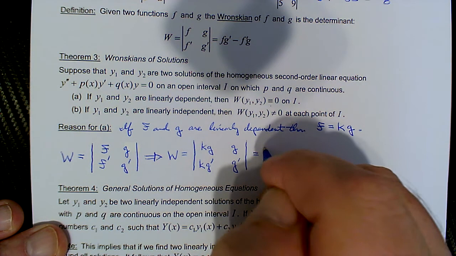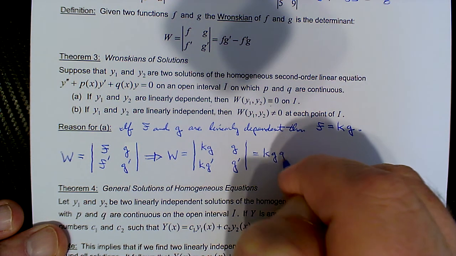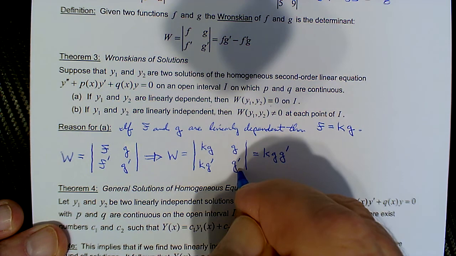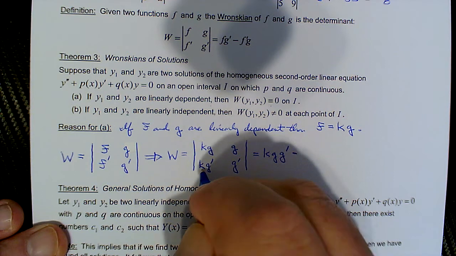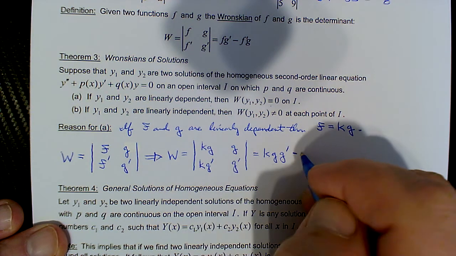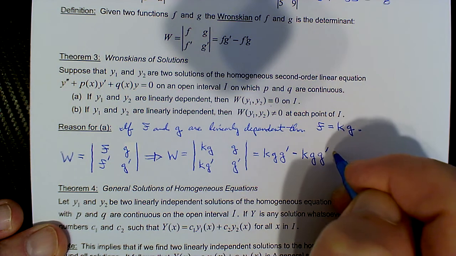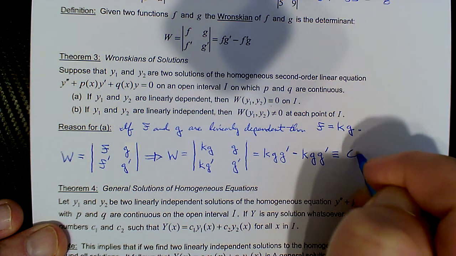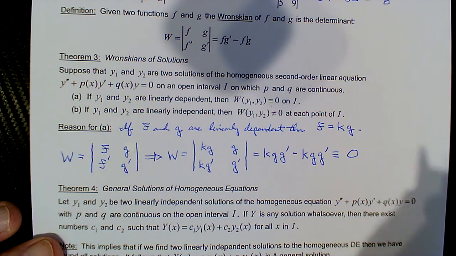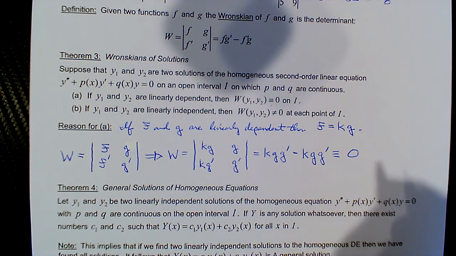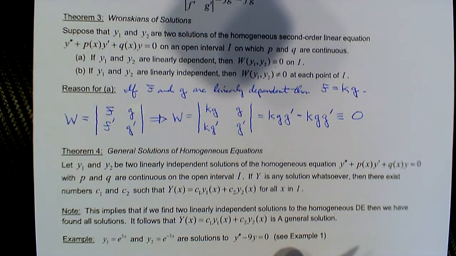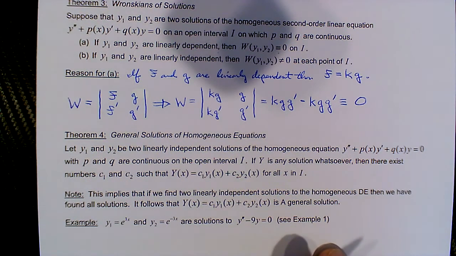Well, that would give us kg g prime for the diagonal product from the upper left to lower right, and then minus kg prime g, which is the same as kg g prime. And you can see that that's always going to be equal to 0, so we'll use the triple equality, meaning is always equal to. So that proves linear dependence when the Wronskian is 0.